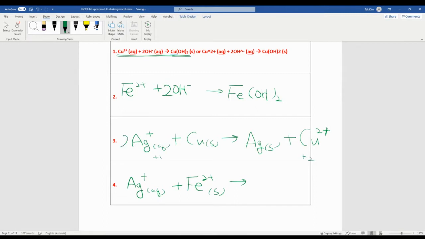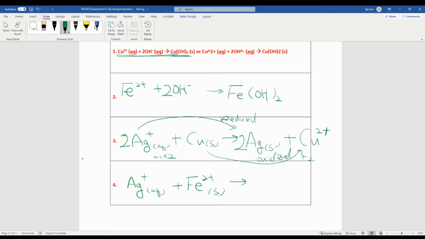So if you have 2 of them, charge will be balanced. So since you balance the charge using 2 silver, you should have 2 silver over here. Right? So in this case, this is reduced and this is oxidized.